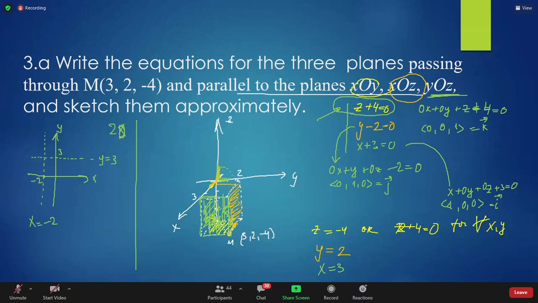The darker yellow, the orangey one, was parallel to the XZ plane, and the bright yellow one, in the bottom part, was parallel to the XY plane. So this is perhaps the easiest way of sketching planes that are parallel to the coordinate planes.